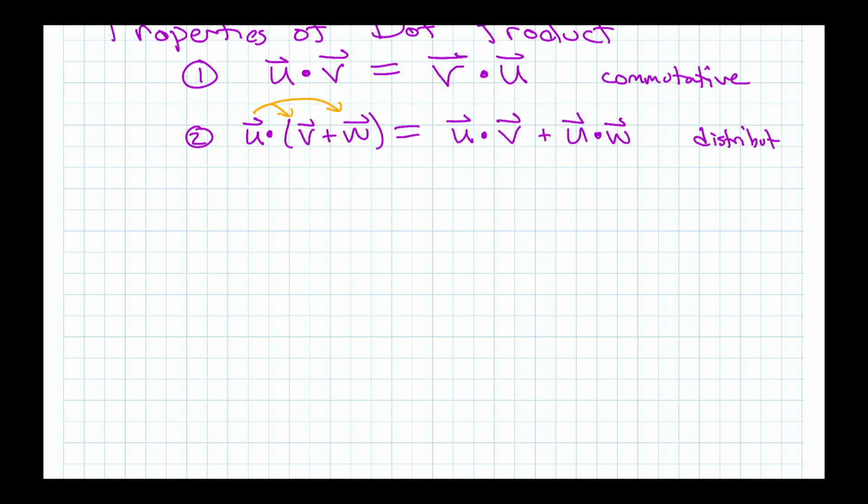We can be more elaborate there, and we could say that the dot product distributes across a sum, but we'll just say distributive property. What other property do we have?